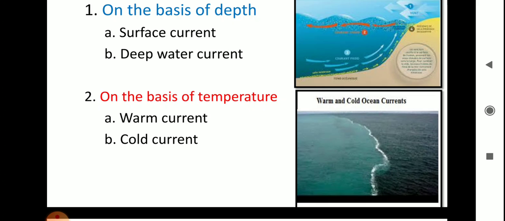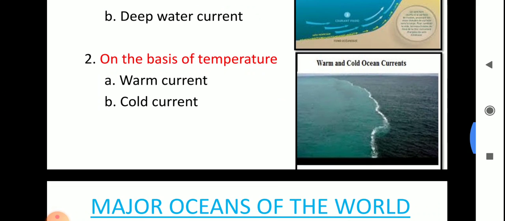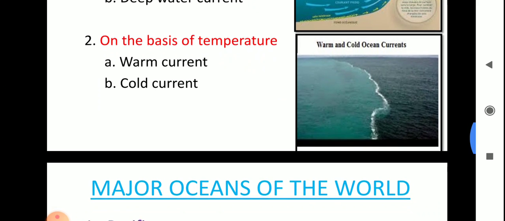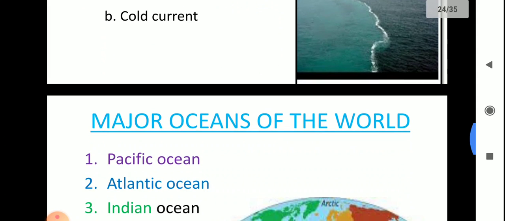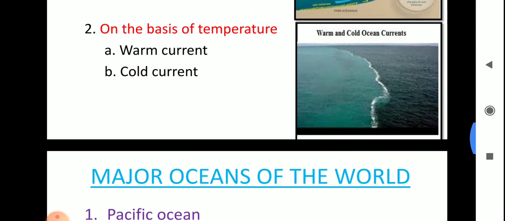Now these currents, as we said, are highly influenced by the winds, the Coriolis force, and the ocean's circulation corresponds very well to the air circulation above it. So surface water movement is very important to understand. Now air circulation over the ocean: I will show you through the map also.